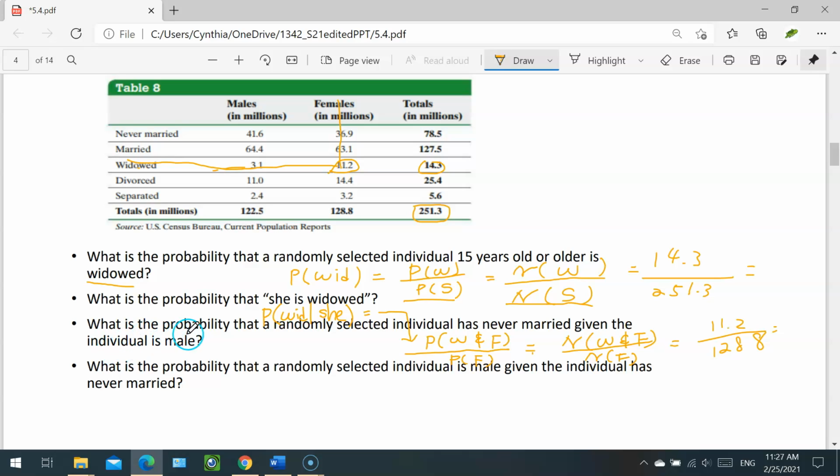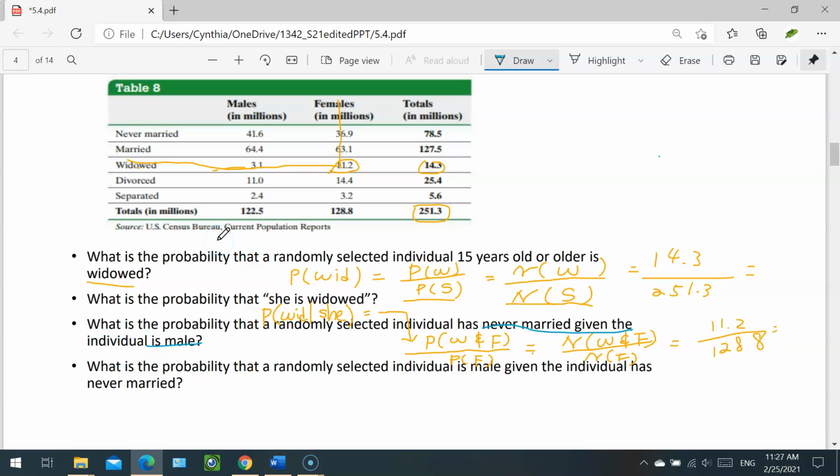Number 3: what is the probability that a randomly selected individual has never married, given the individual is male? Let me use another color. So never married, given the individual is male.